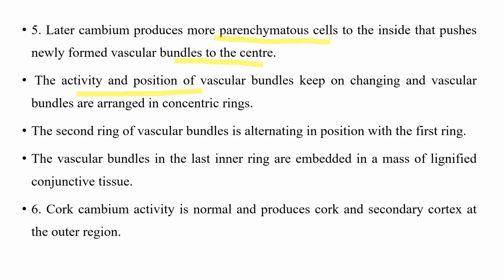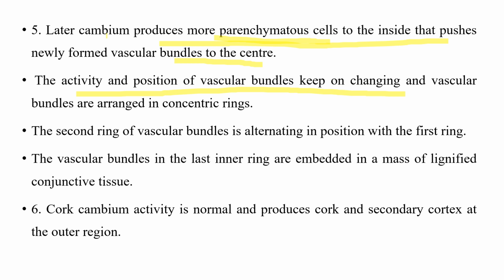The activity and position of vascular bundles keep on changing because earlier the cambium produces parenchyma towards the outer side and vascular tissue towards inside, but later on the cambium produces more parenchymatous cells towards inside, which pushes the newly formed vascular bundles towards the center.